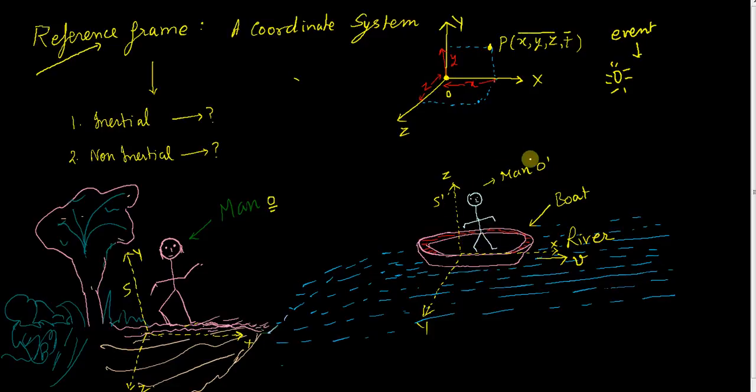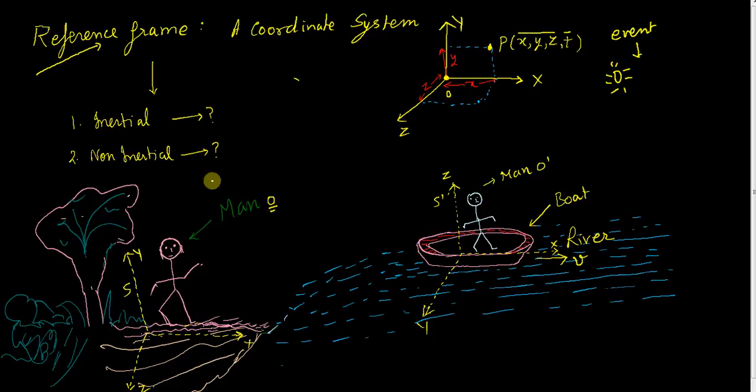So here I have made a reference frame S prime, this boat, and this is the observer. This man is standing on the boat, which is moving in the river in this particular direction, and here a man is standing and watching the second man O prime.